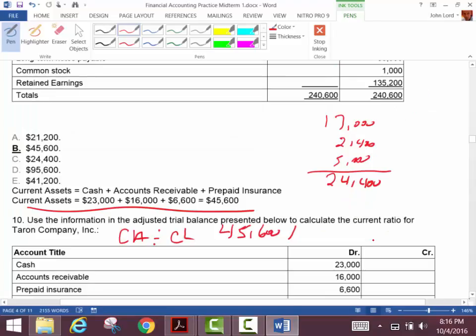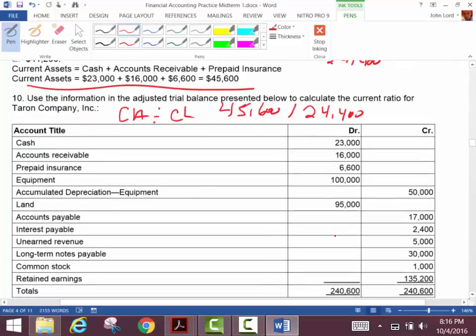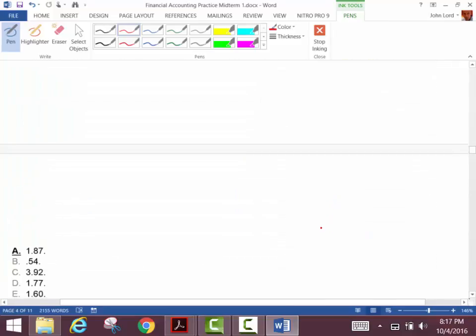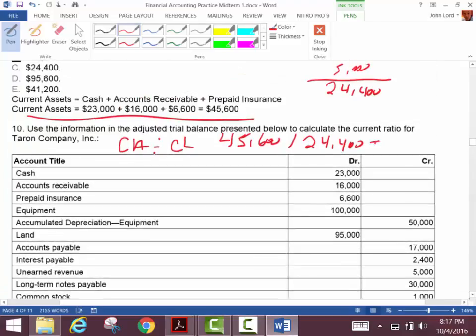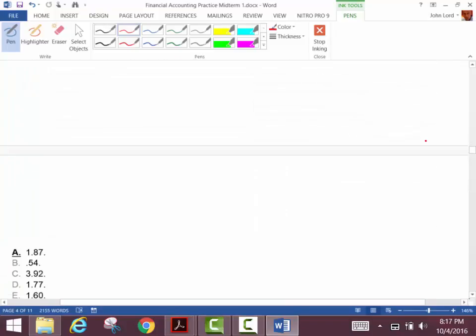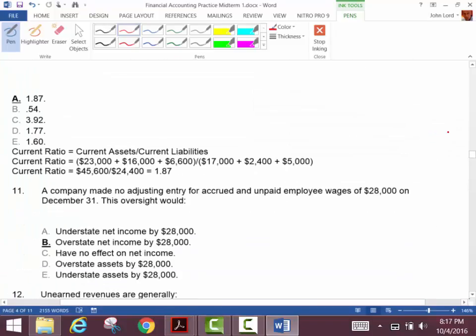So we take that 45,600 and divide it by 24,400. Do we get something in the ballpark of this 1.87? Right? Okay, good. And there you can see the calculation right there.